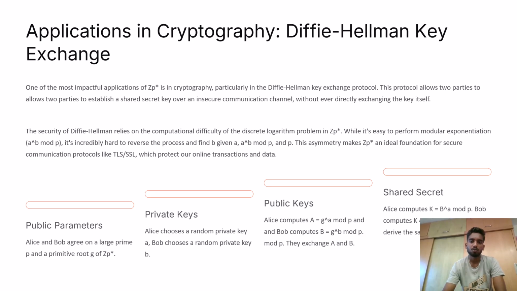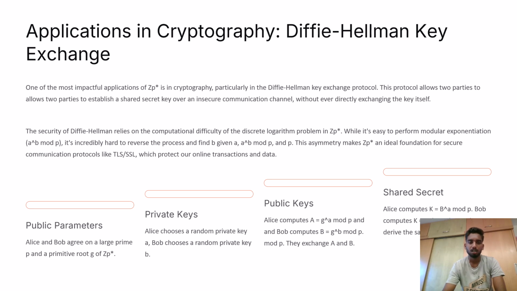While it's easy to perform modular exponentiation, it's incredibly hard to reverse the process and find a and b given g to the power a modulo p. This asymmetry makes Zp star an ideal foundation for secure communication protocols like TLS and SSL, which protect our online transactions and data.